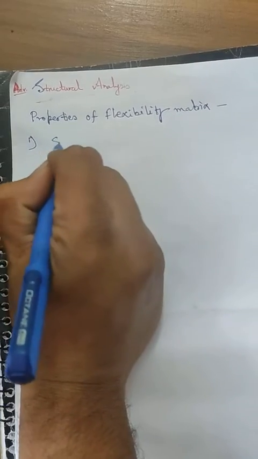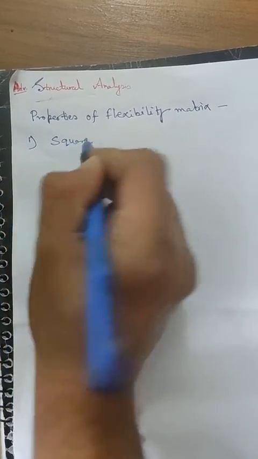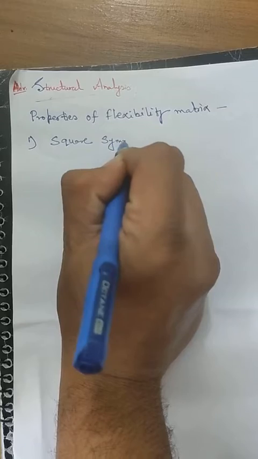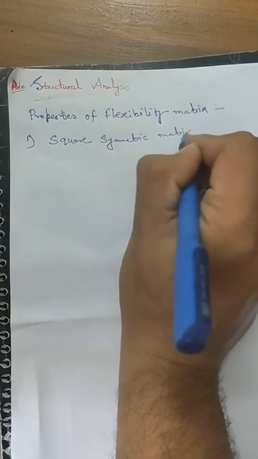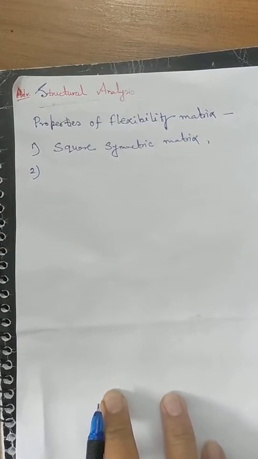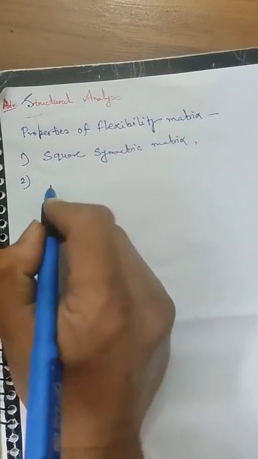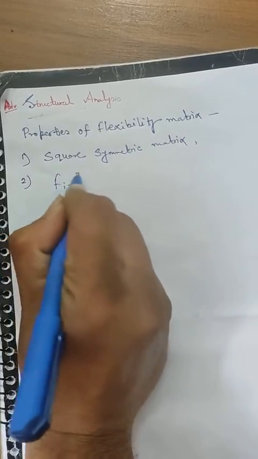So it is a square symmetric matrix. And number 2 is, in the flexibility matrix, all the elements are denoted by Fij.